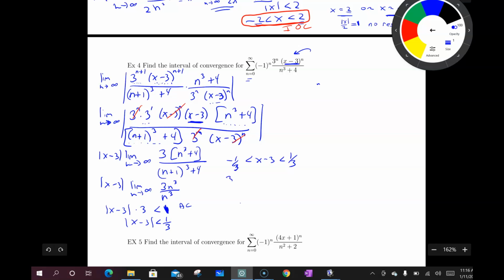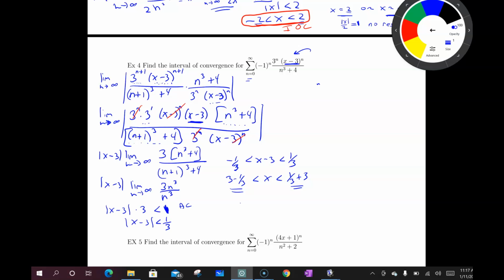Now I'm going to add 3 to both sides. Okay, so fractions can be your friends, right? I'm just going to leave it like this, because I can see what it'll turn out to be when I plug it in.